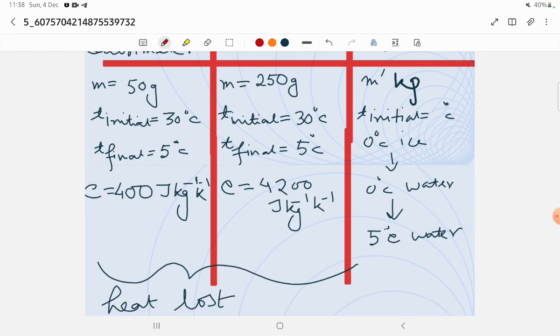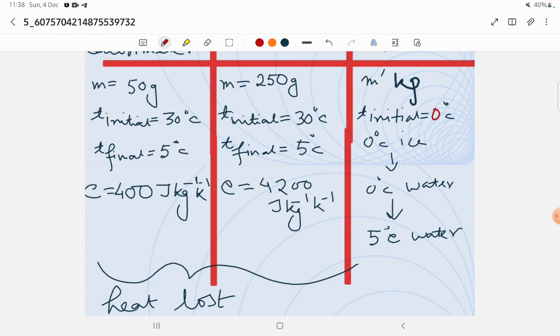So the initial temperature of the ice is 0 degree centigrade. Now when this ice is converted to 0 degree Celsius water, then the temperature of the 0 degree Celsius water will rise to 5 degree Celsius water. This point you have to understand, my students.